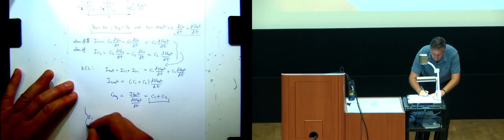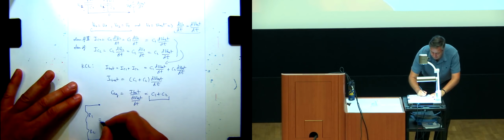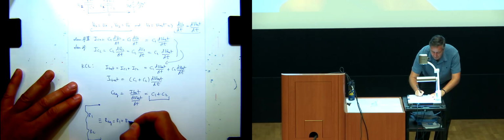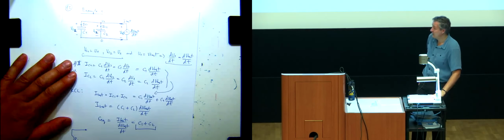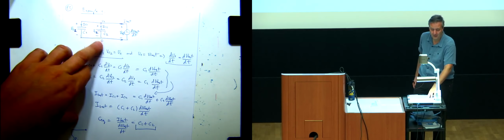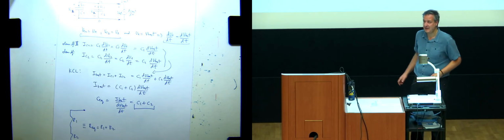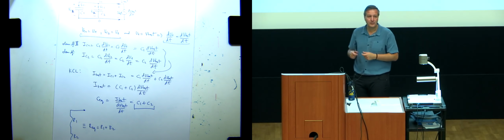We had R1, R2 in series, for God's sake, right? And R equivalent was R1 plus R2. And look at the capacitors. They're in parallel, but the equivalent capacitance adds them up, right?